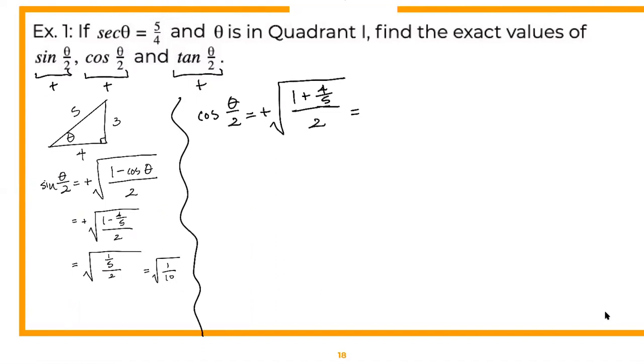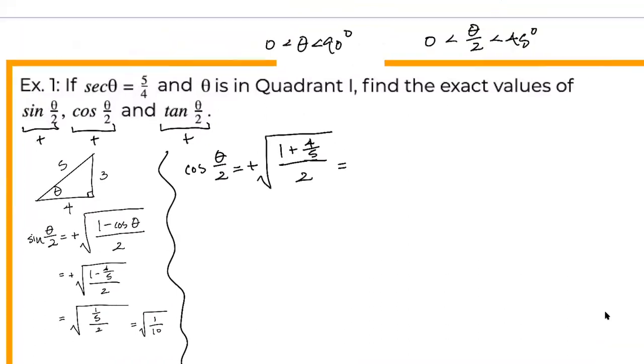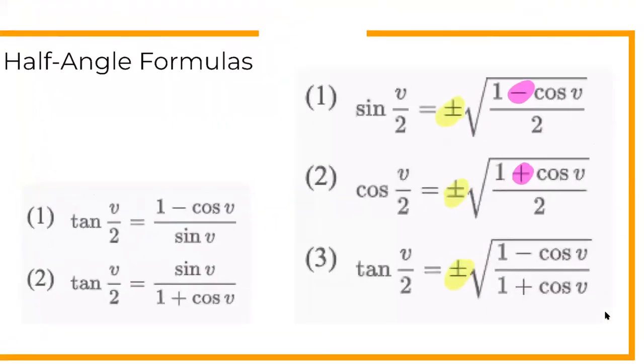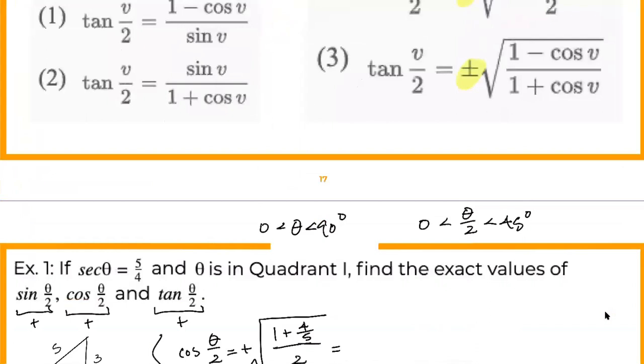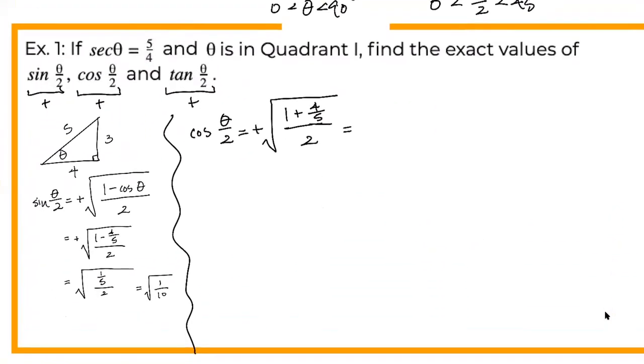How could we find this 4/5 if it is the sine? I think it's supposed to be 3/5. In the formula, it's cosine of theta. Cosine, okay. Yeah, they look similar, but they both use cosine, but one is minus and one is plus. All right, I got it.